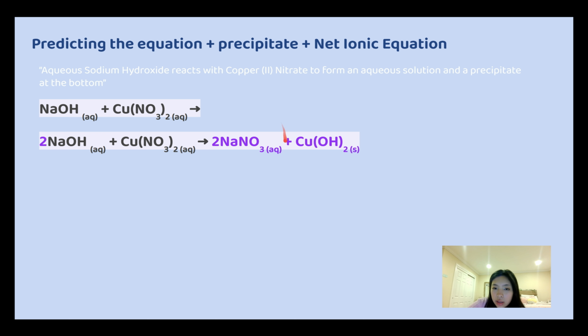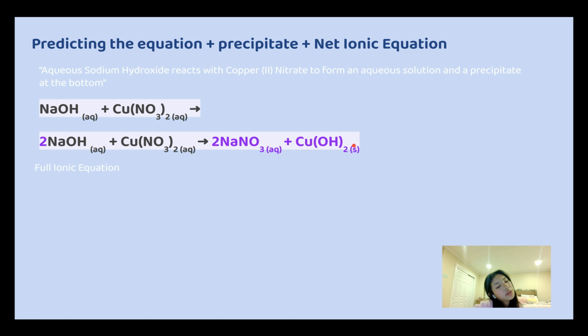Now if you look at copper hydroxide, copper has a +2 charge, whereas hydroxide has a -1 charge. Adding those up, you're going to be left with a charge of 1. Remember, your charge has to equal 0. So we're going to multiply -1 times 2 to equal -2, so you're left with 2 minus 2, which equals 0. And this is your solid because of solubility rules.